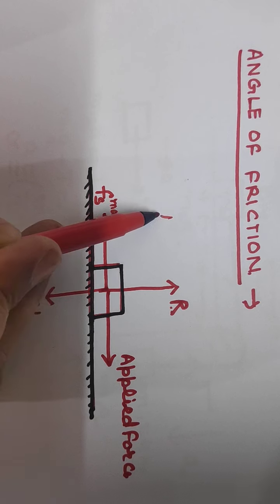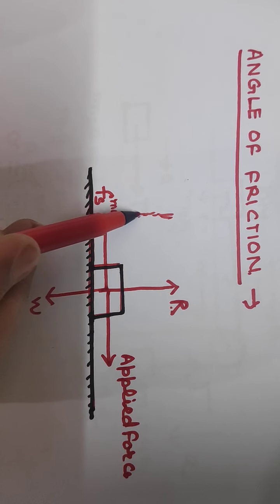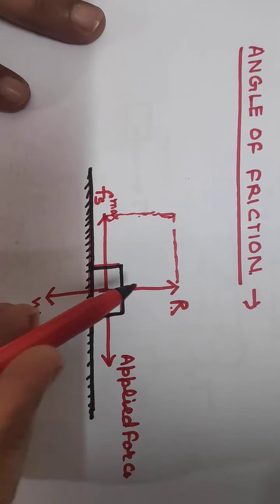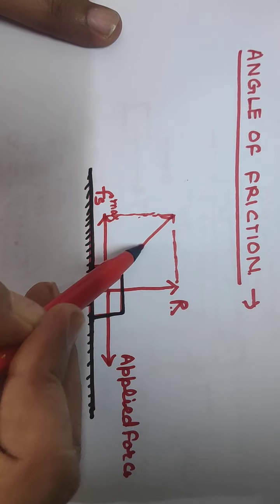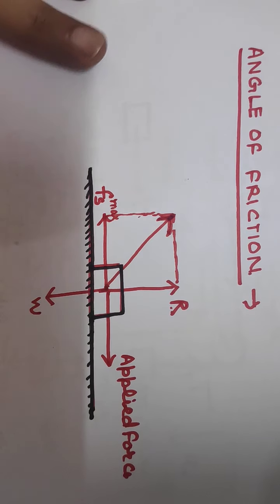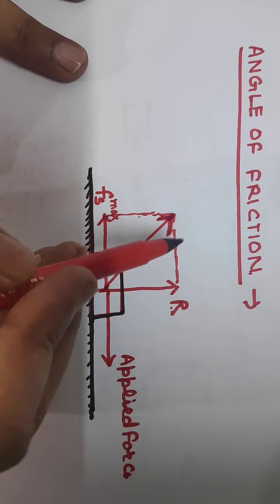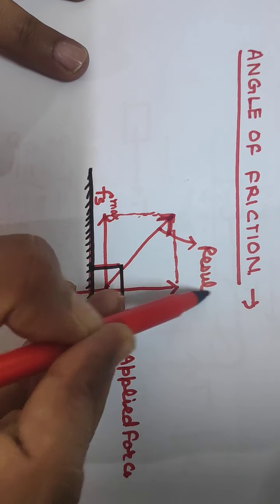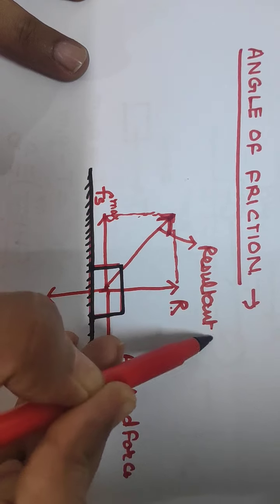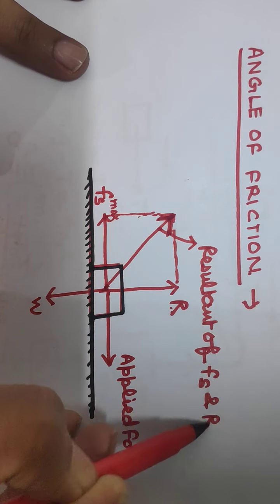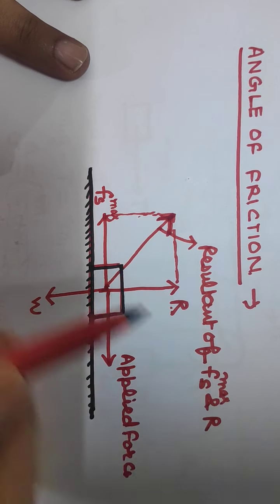So if we draw a parallelogram, we can find the resultant of these. This is a parallelogram, and the resultant will be this one. This is the resultant of Fs and R, Fs maximum.